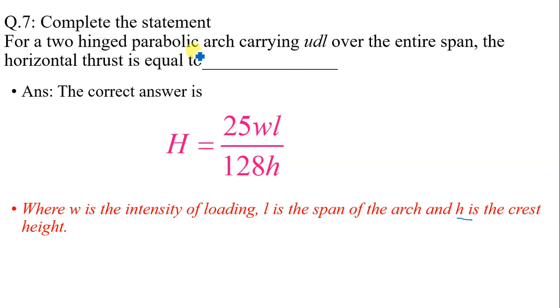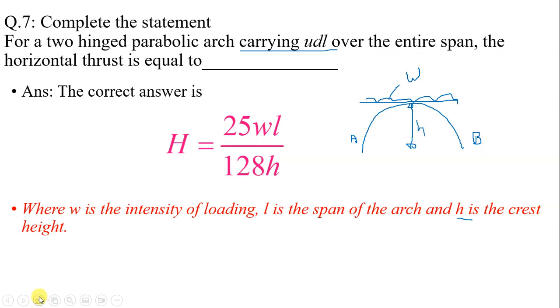For a two-hinged parabolic arch carrying UDL over the entire span, this is A, this is B, this is load intensity W, this is crest height H, and the reactions are VA, VB, HA, and HB.